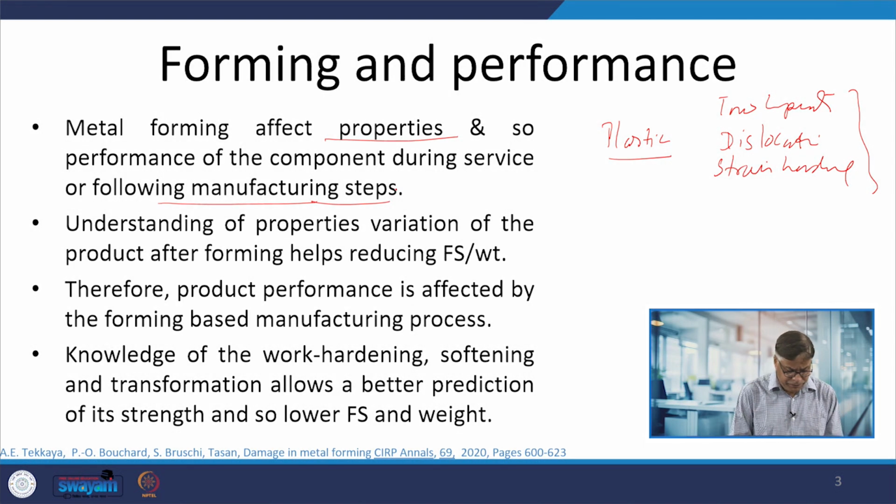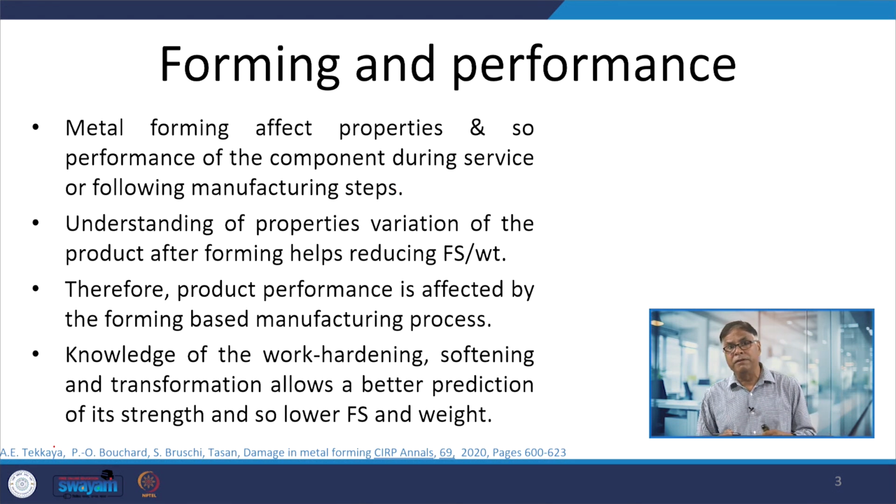If we have an idea of how metal forming affects the mechanical properties, we can easily assess what its real performance will be during service. And if we get an idea about that, then the factor of safety to be used can be reduced. Reduced factor of safety means reduced weight.